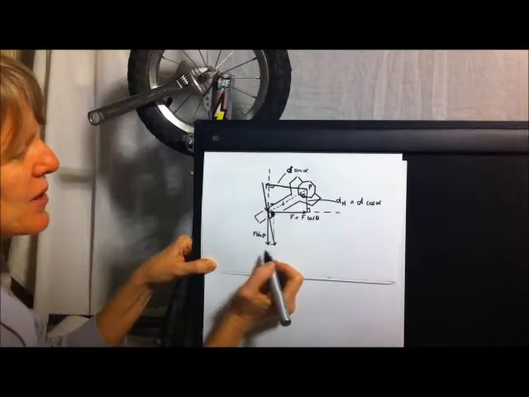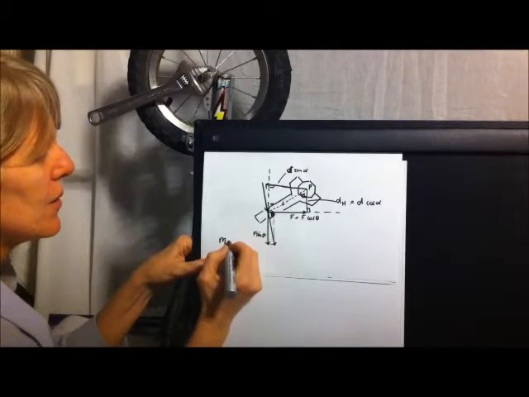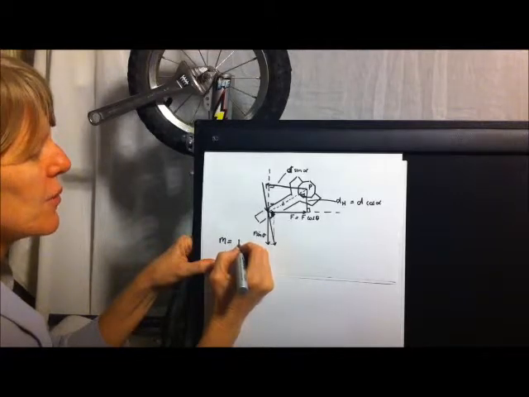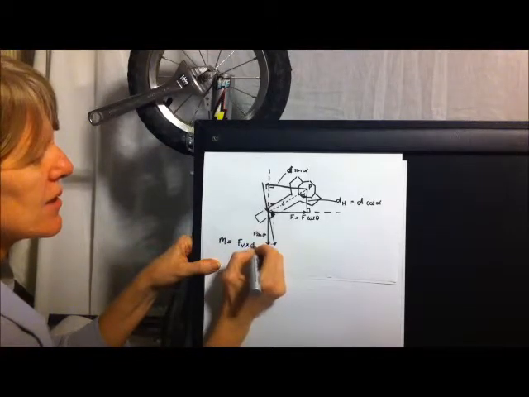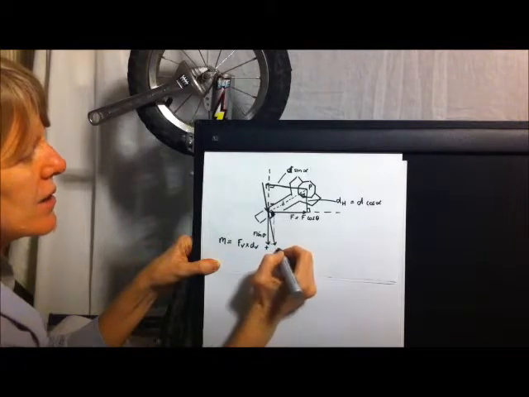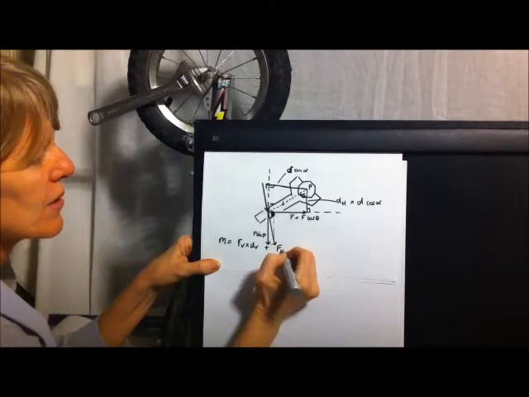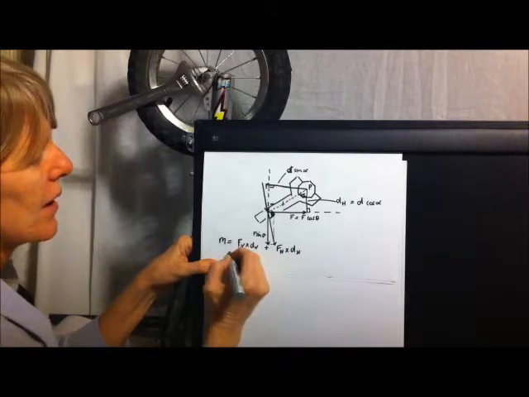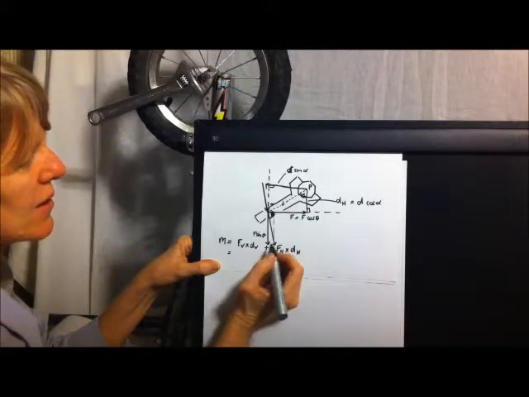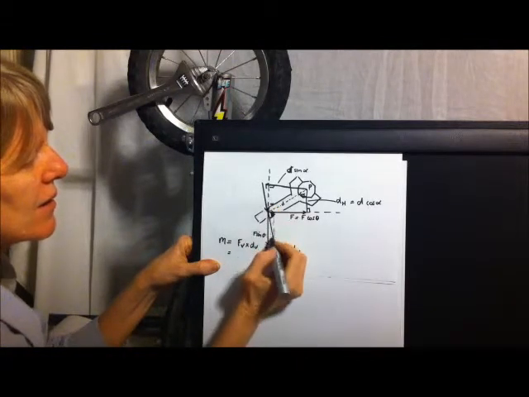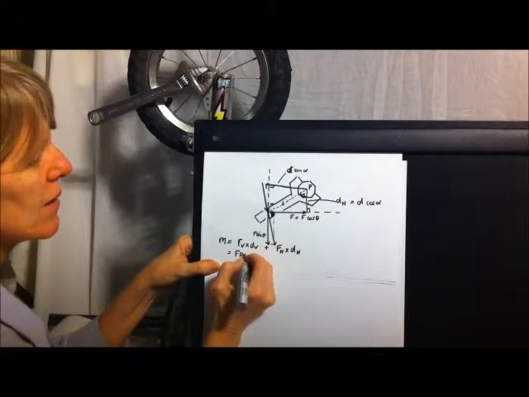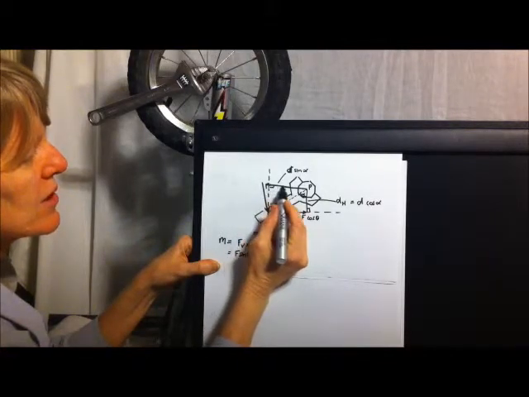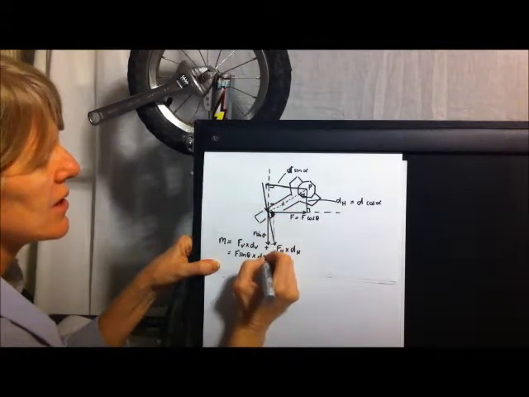So to work out the moment around the pivot point, we can work out the vertical component, the force vertical times the distance vertical, and the horizontal component, the force of the horizontal times the distance of the horizontal. Okay, and we know in this case that the vertical component was F sine theta, and its distance, the horizontal distance back to the pivot point, was d sine alpha.